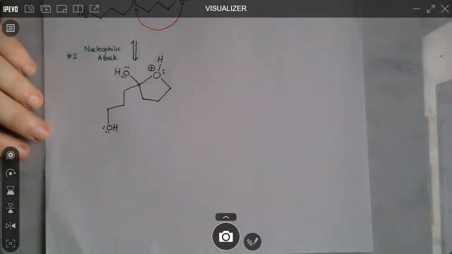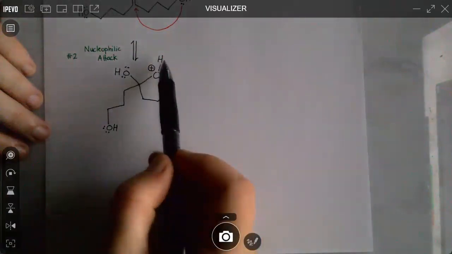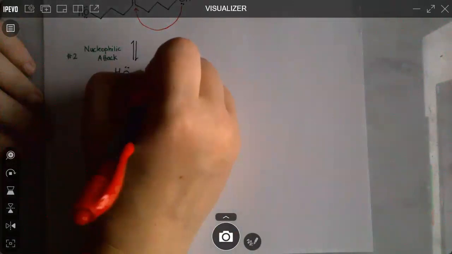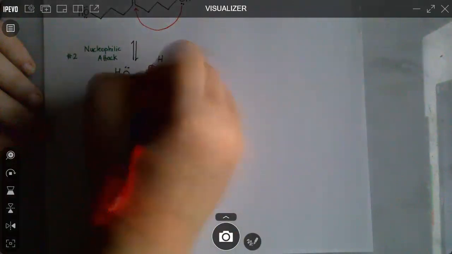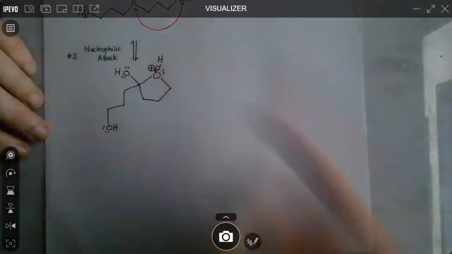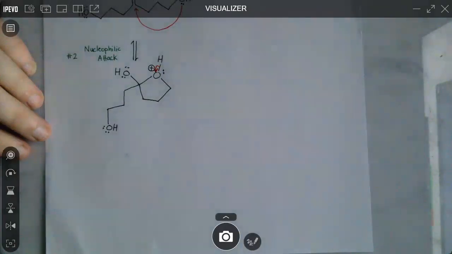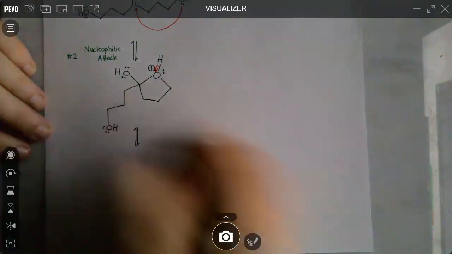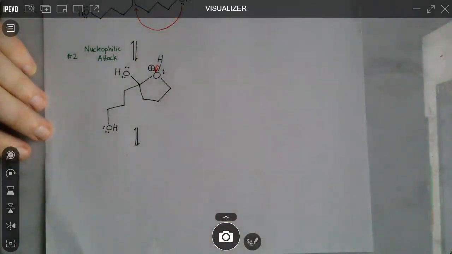Or if you don't want to show something acting as the base, you can actually just draw the arrow like this. Basically the proton pops off. So it's showing proton transfer without actually showing the base.